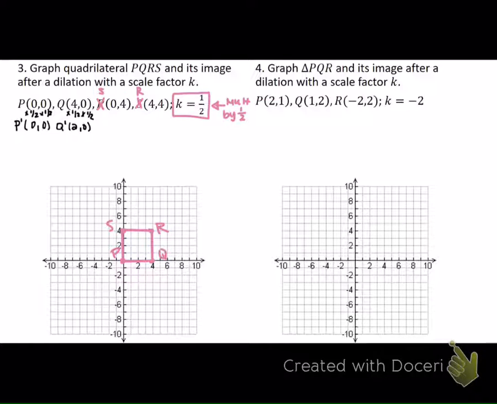Katie, what would S's image be? My new S that I changed. 0, 2. Very good. And what would R's image be, Desiree? R is the last one that I changed. 2, 2.